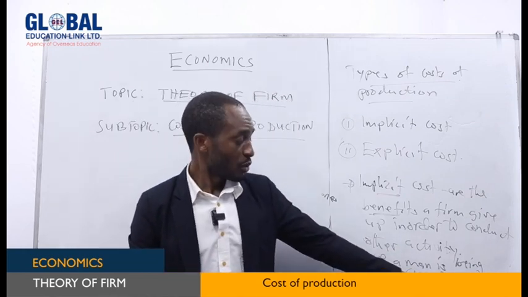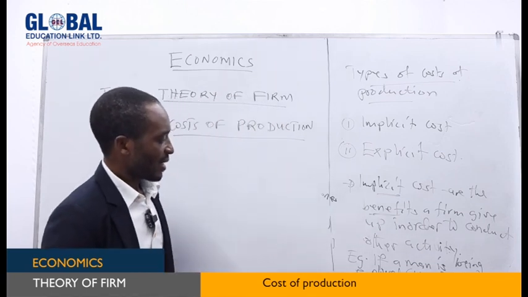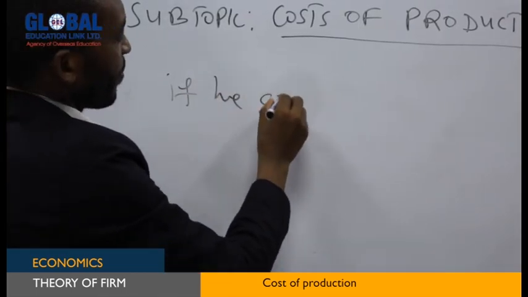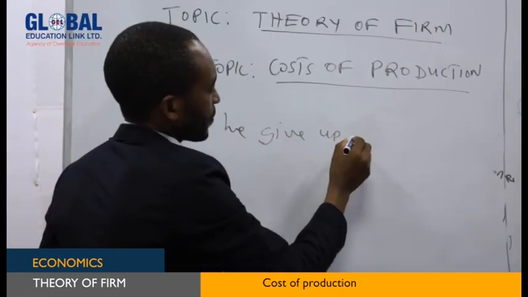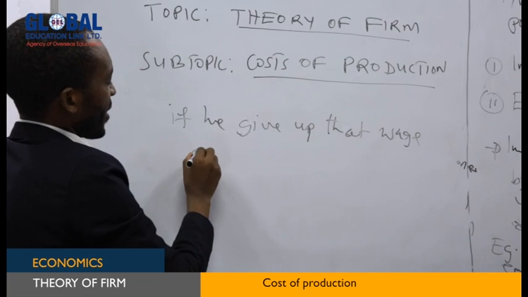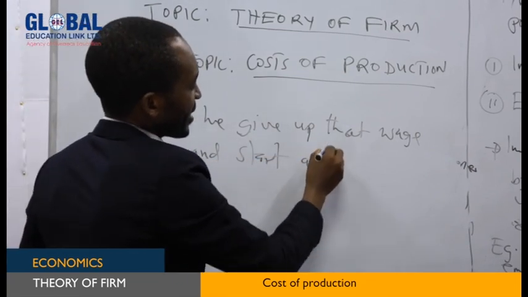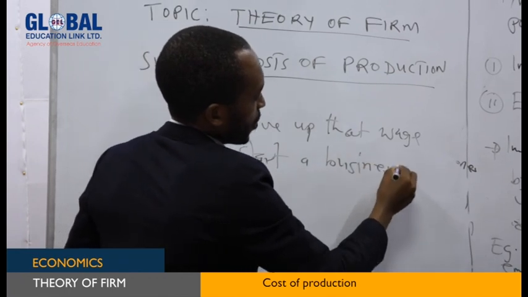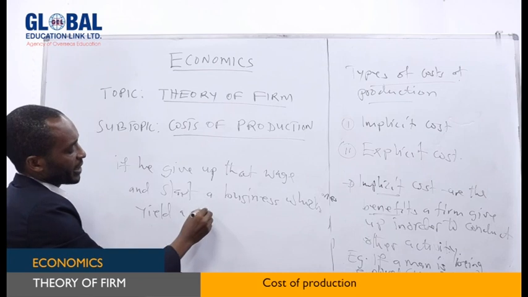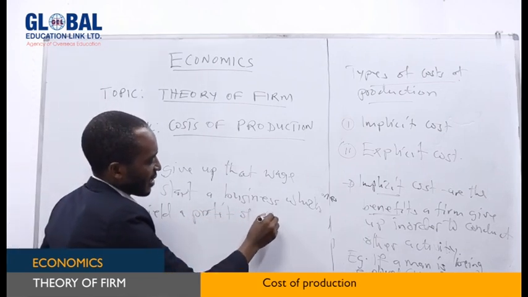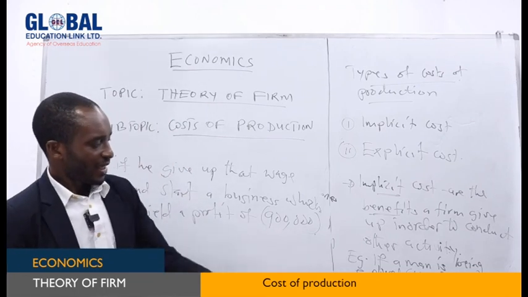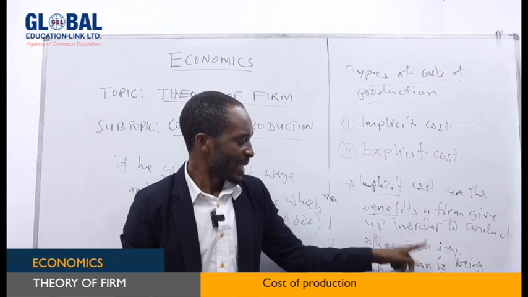Now, if he decides to give up this wage and start a business which yields a profit of 900,000, then this 700,000 we call an implicit cost.